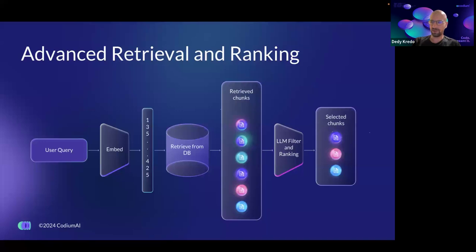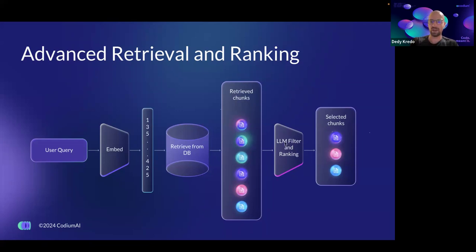But depending on the embedding model, you have to set different thresholds for the similarity, so that's also something to tune. Then you get a set of chunks that get retrieved. I would say a few tens of chunks is typically what we would retrieve in a typical user query.